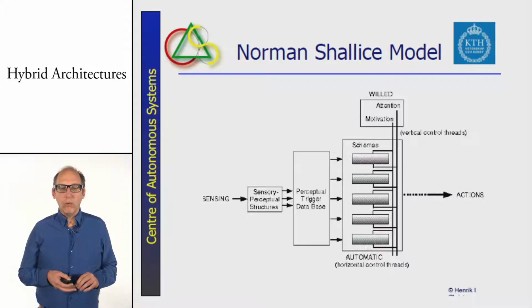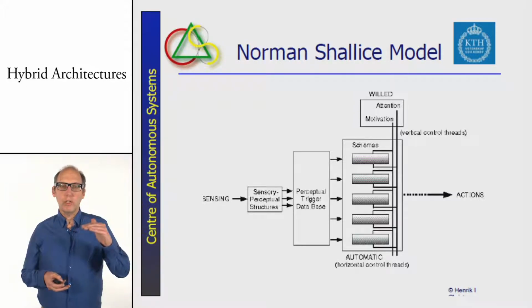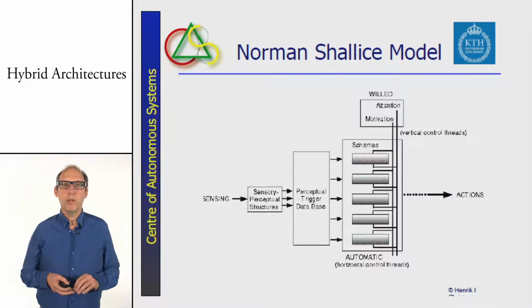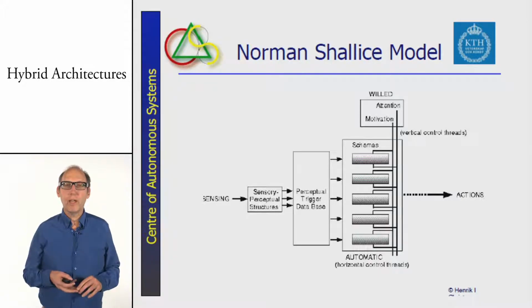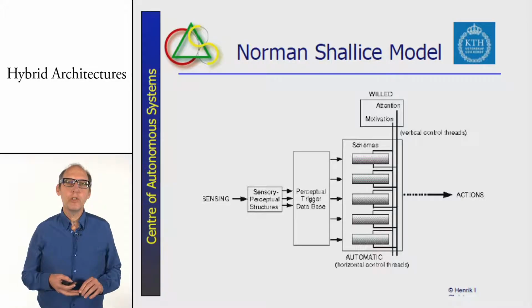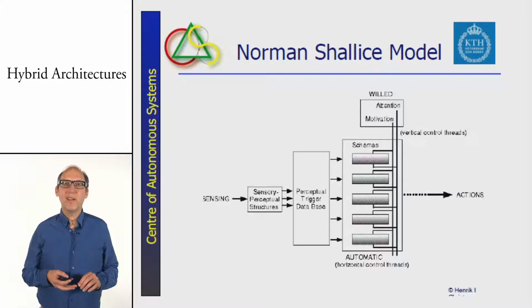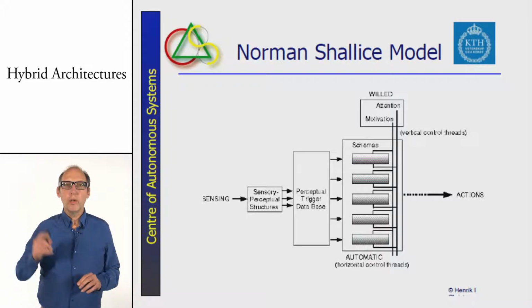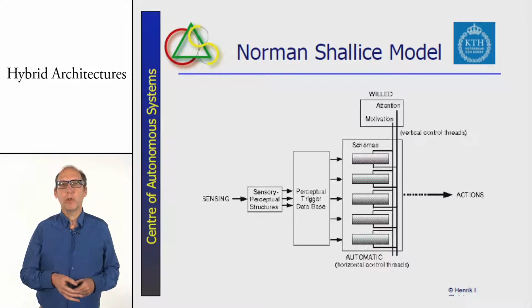Norman-Shallice made a model for that. On the right side, you see a number of different schemas. In that sense, it was still a psychological model, so it was a psychological schema. And each of those schemas can lead to actions, with an arbiter in the model. But which action wins is partly influenced by the two wires that come from above, and that is the willed control.